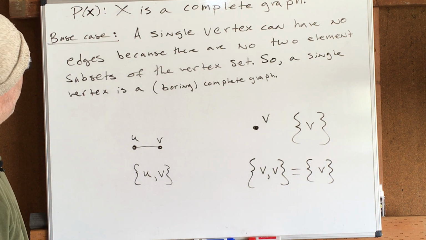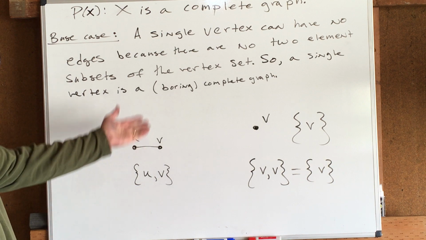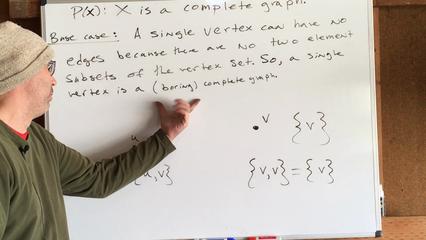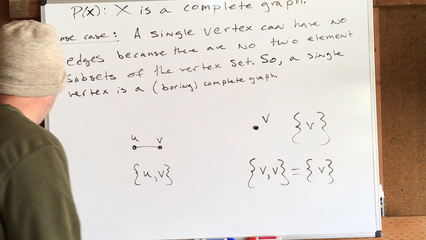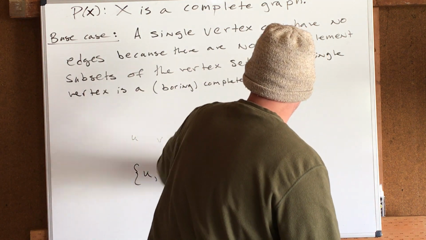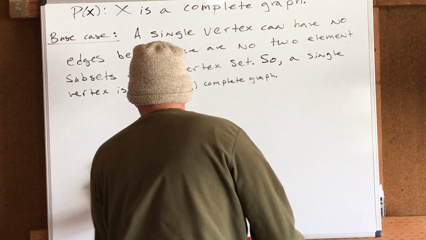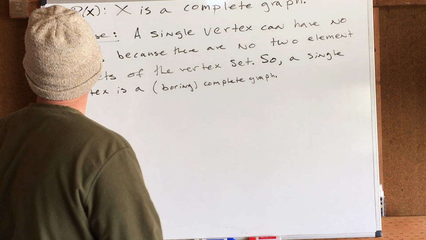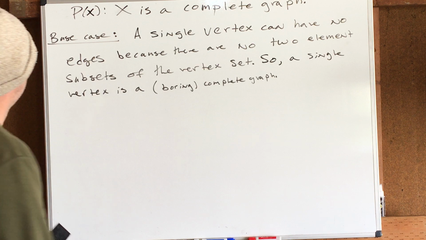A single vertex is a complete graph, but it's a really boring one. But in any case, it's still a complete graph. So that's the base case.